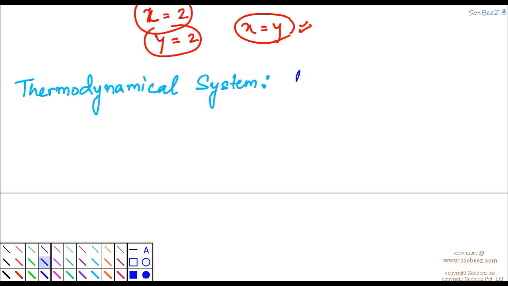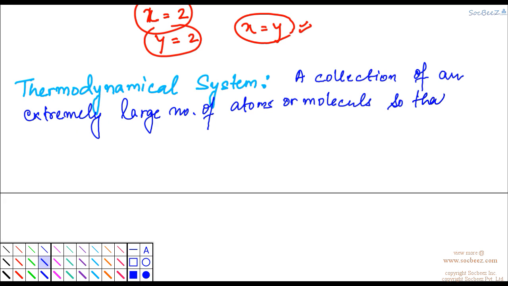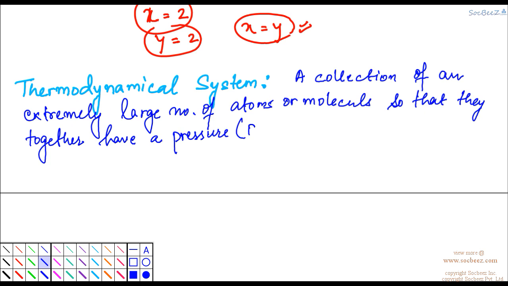A thermodynamical system is nothing but a collection of an extremely large number of atoms or molecules, so that they together have a pressure denoted by P, a volume denoted by V, and a temperature defined by T. So it is basically a huge collection of atoms or molecules which have a togetherness in them and have a unique temperature, volume and pressure defined for itself.